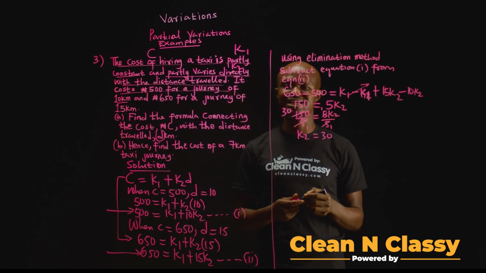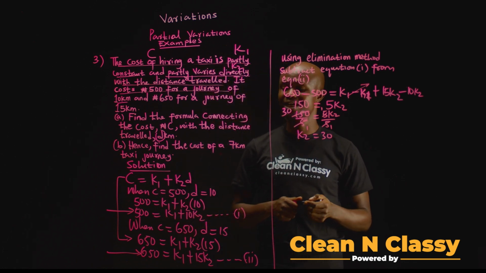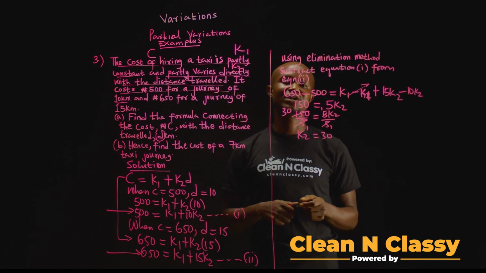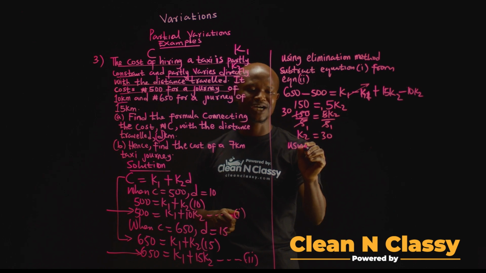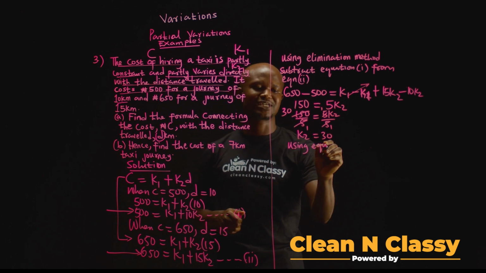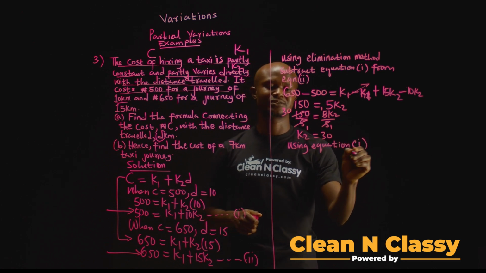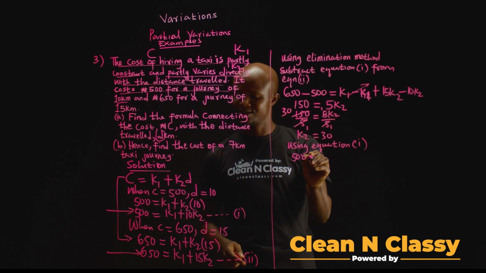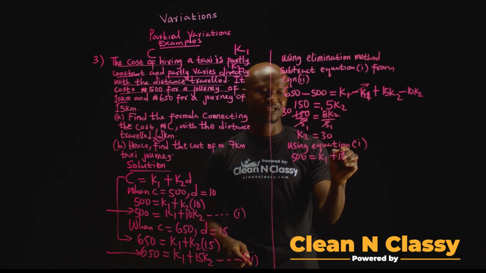Since K2 equals 30, then we can get the value for K1. How do we get K1? We can use any of the two equations. So using equation 1, we have 500 equals K1 plus 10K2.